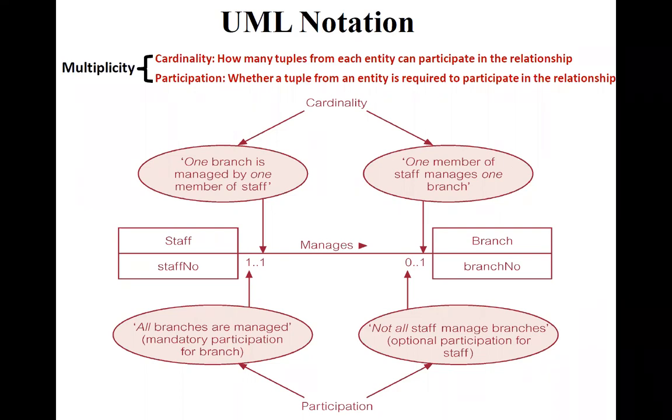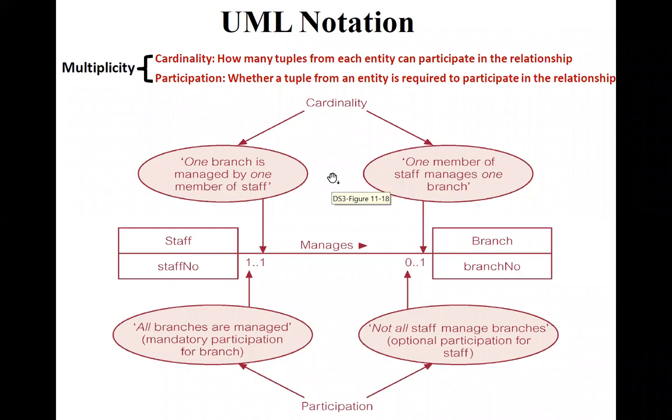Look at the definition first. Cardinality is how many tuples from each entity can participate in the relationship. Participation is whether a tuple from an entity is required, must participate in the relationship. We have a very simple example here, an ERD with just two entities, staff and branch. And this is UML, okay?